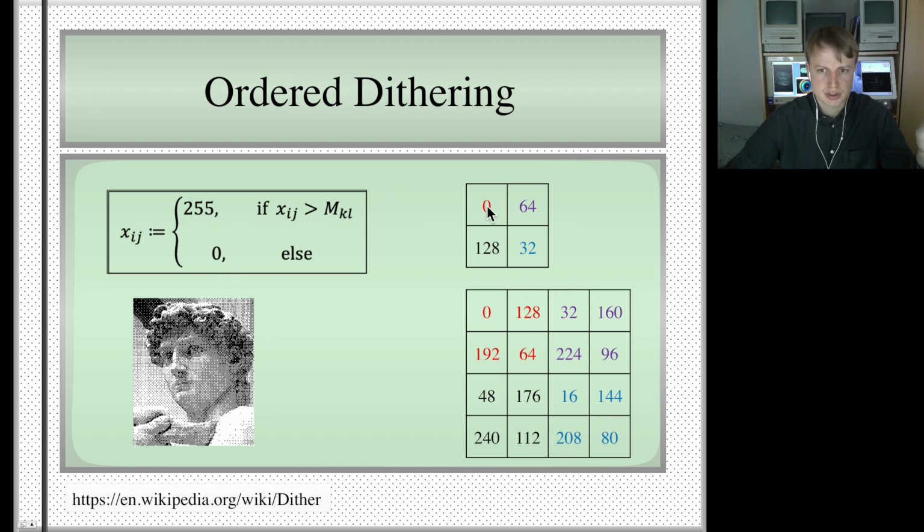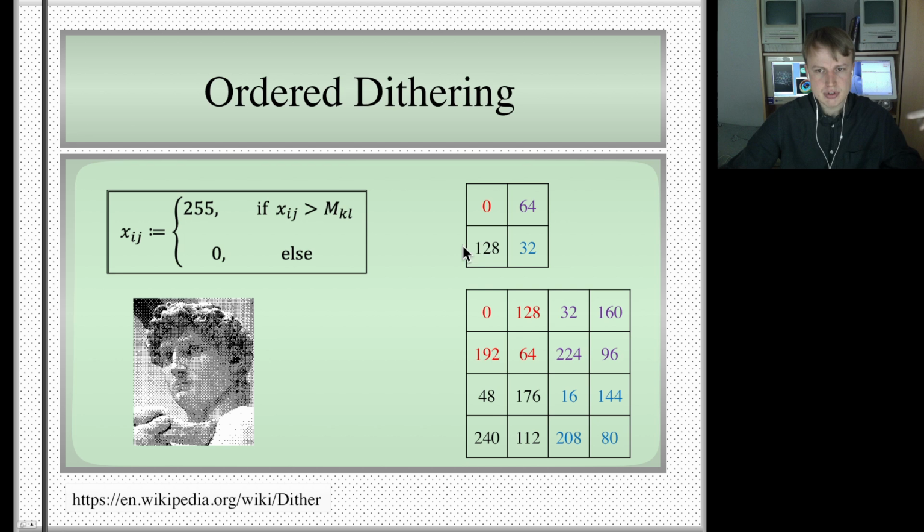So we go from the first pixel to the second one, and we compare it to 64, and then the next pixel goes back to 0, 64, back to 0, 64. Then on the next line of pixels, we do the comparison to 128, 32, 128, 32, and so on.